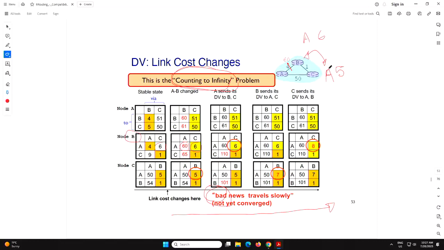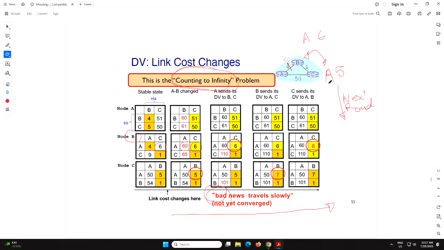Okay, if you go to the next round, let's say that B is now advertising this information to C, right?